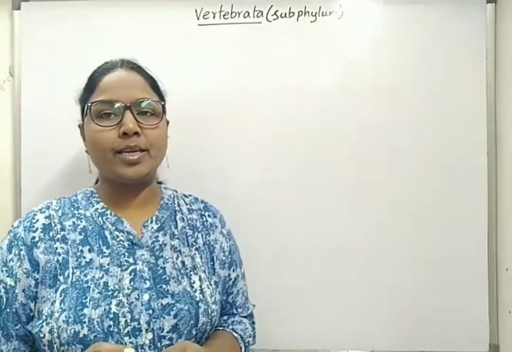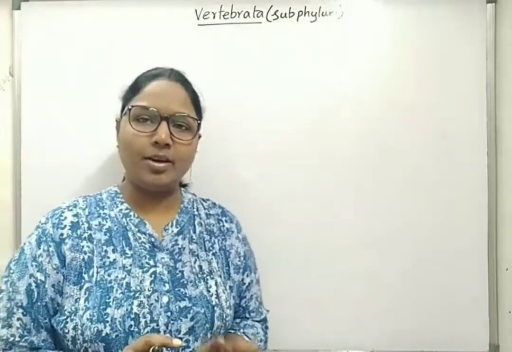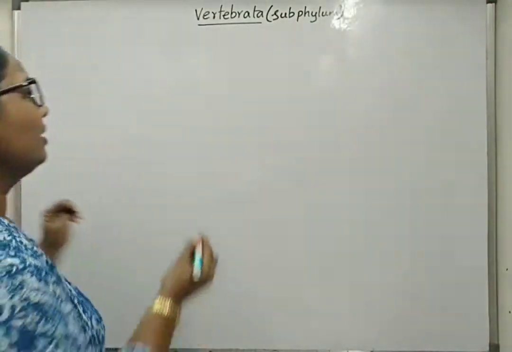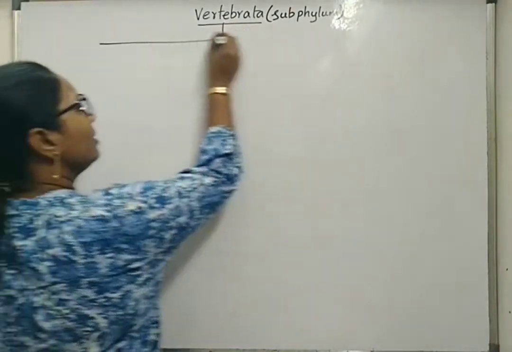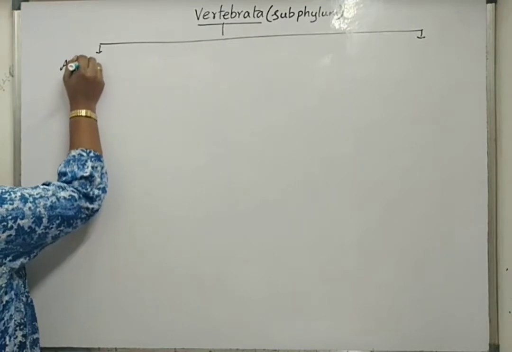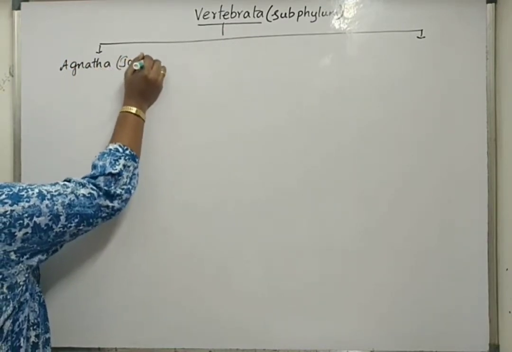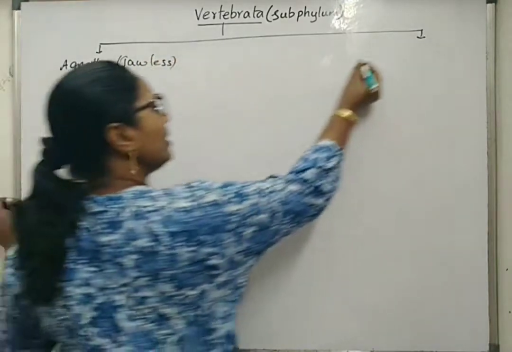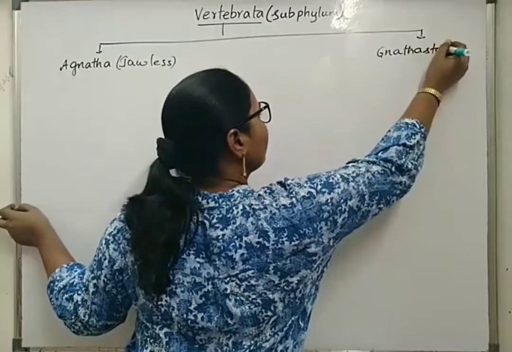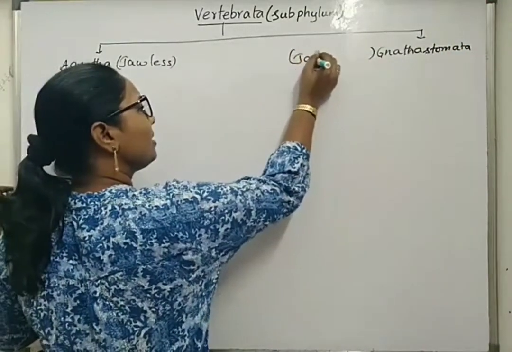Under Gnathostomata, we see all jaw-containing organisms or jaw-containing chordates. Here, Agnatha are jawless chordates, and in Gnathostomata, jaw is present.